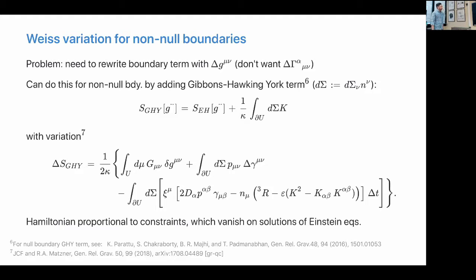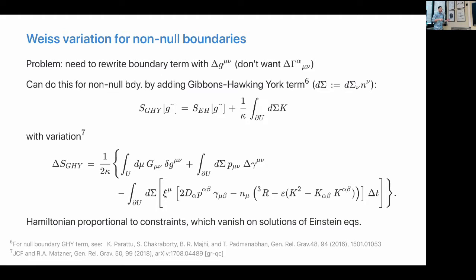So in my dissertation work, what I did was I obtained the Weiss variation for non-null boundaries. The action that I consider is the Einstein-Hilbert action plus this boundary term, the Gibbons-Hawking-York term, and when I form the variation of this action, this is what I get for the boundary terms.